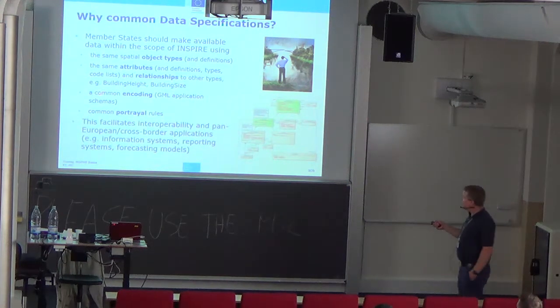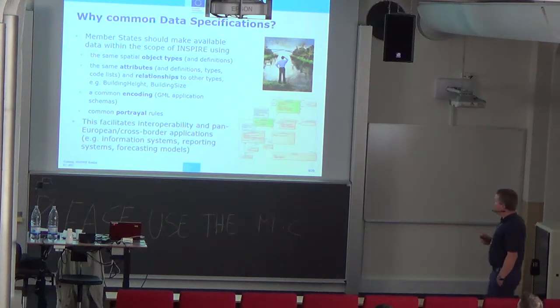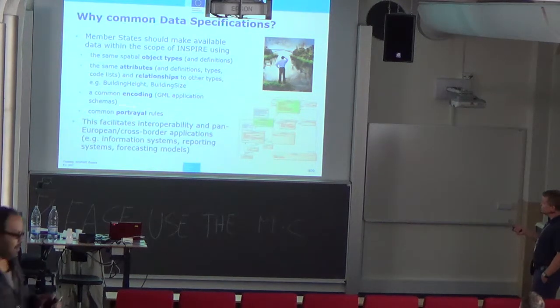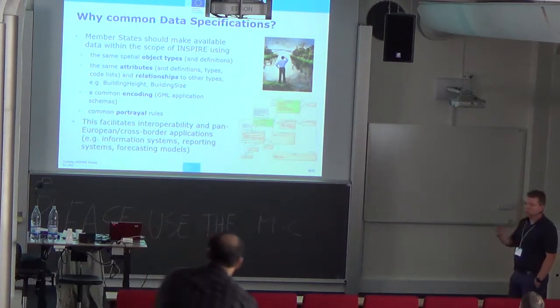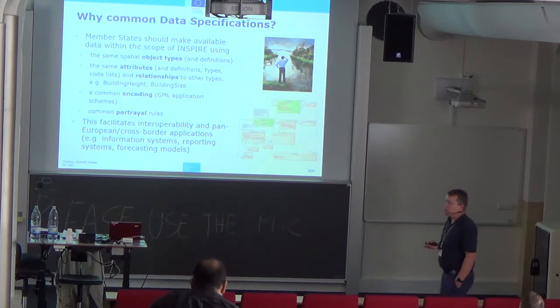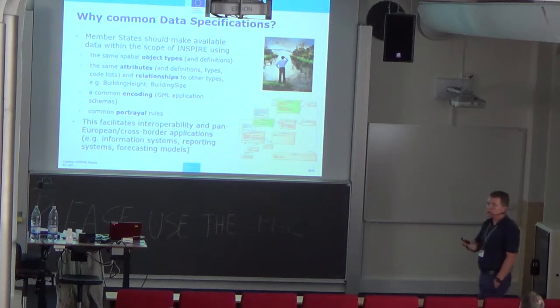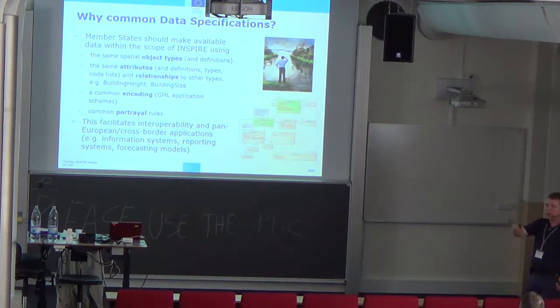Common encoding, for example the GML application schema, which is actually just a recommendation, and also common portrayal rules. So when you are using services like WMS, you know on each layer which data you can expect on that particular layer. This is very important.